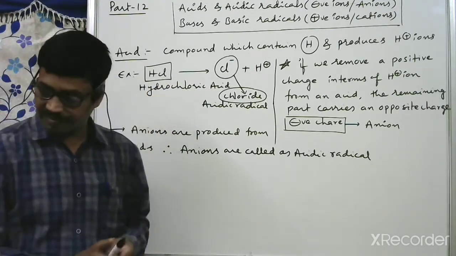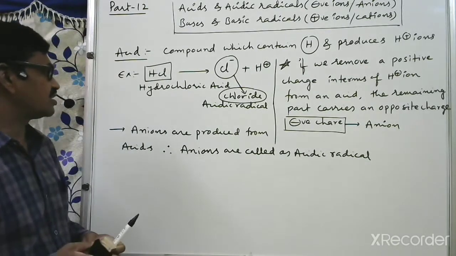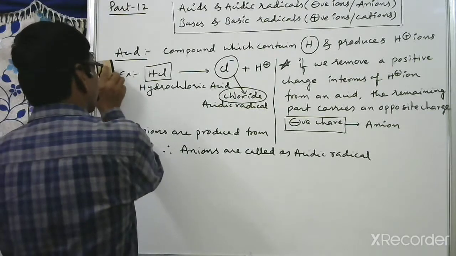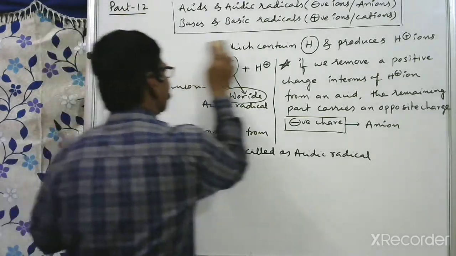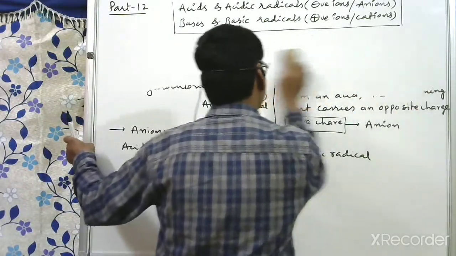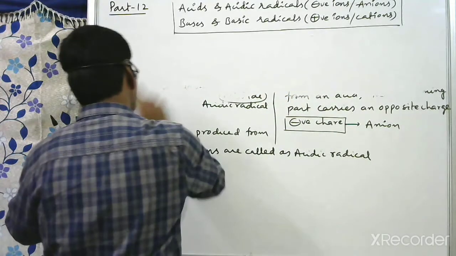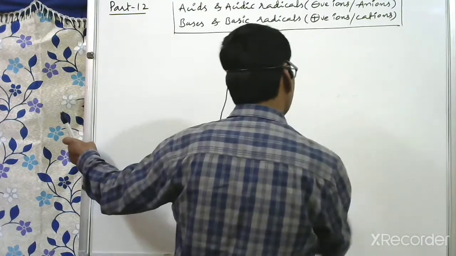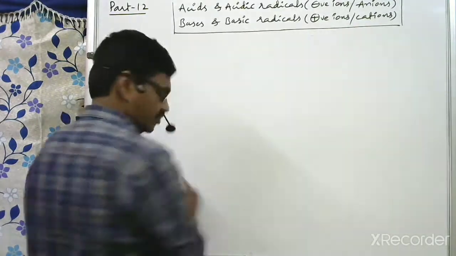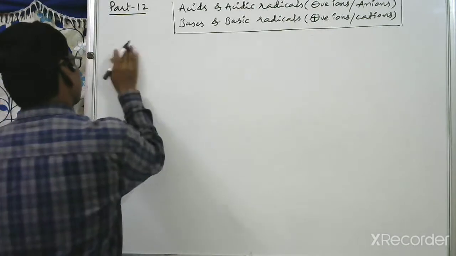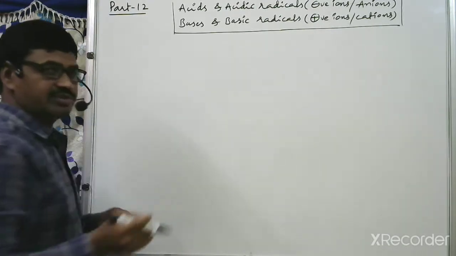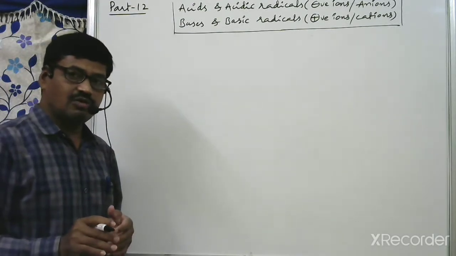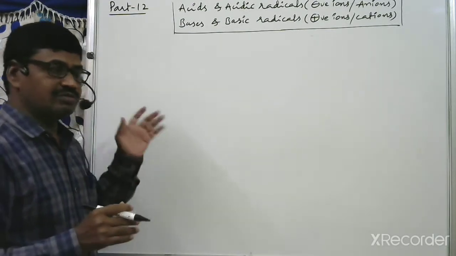Okay, here I am giving some examples for acids. Here we have two types of acids. One is ic acid, the other one is ous acid. Ic acids and also ous acids. Particularly we have many types of acids, but mainly for understanding writing chemical formulas of salts, we should know at minimum these things.